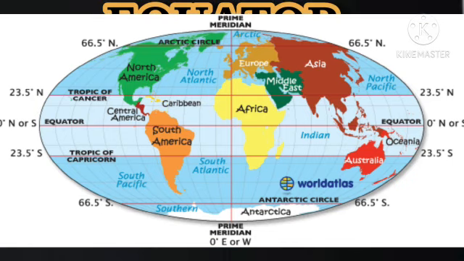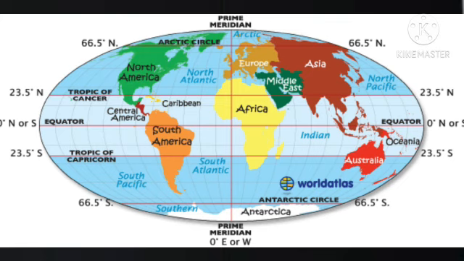And here you can see another line on the north of the equator, 66.5 degrees north. This line is called Arctic Circle. At the same time in the south also there is 66.5 degrees south.